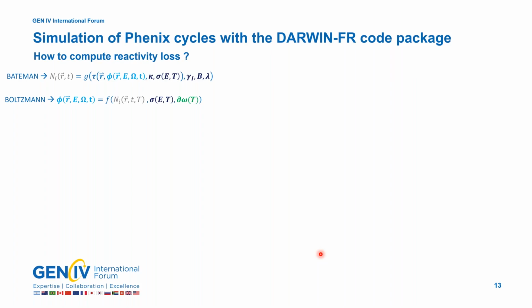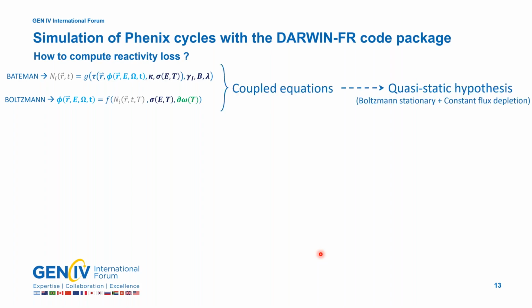This neutron flux is governed by the Boltzmann equation, which also depends on some input data and the isotopic composition. So it's a coupled problem, and to solve these coupled equations, we use the quasi-static hypothesis, which means that we remove the time dependency of the Boltzmann equation and we use the neutron flux as a constant in the Bateman equation.